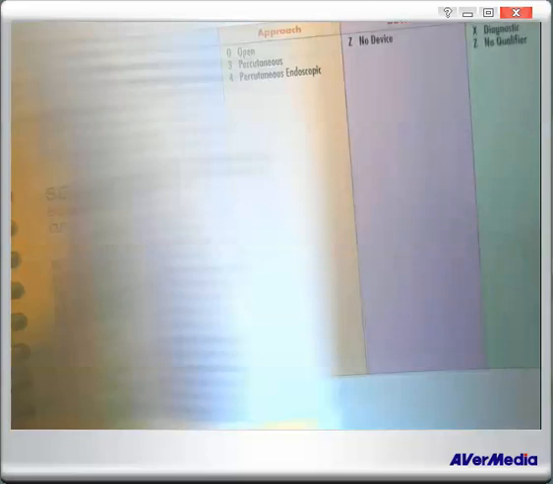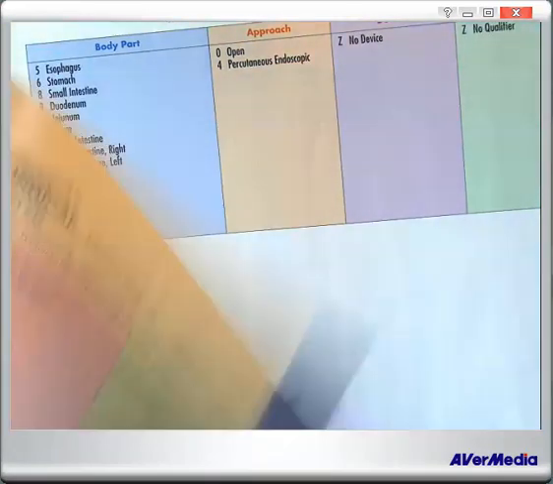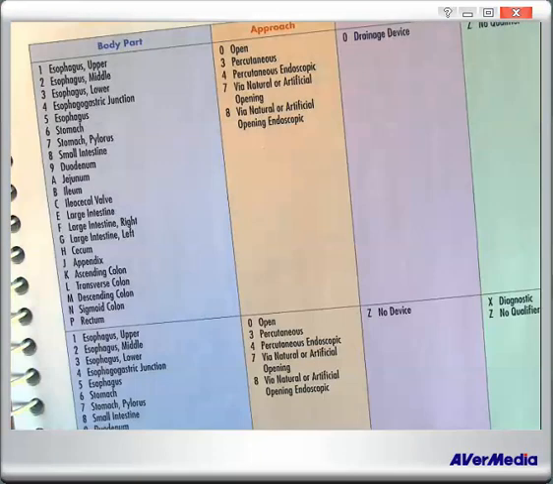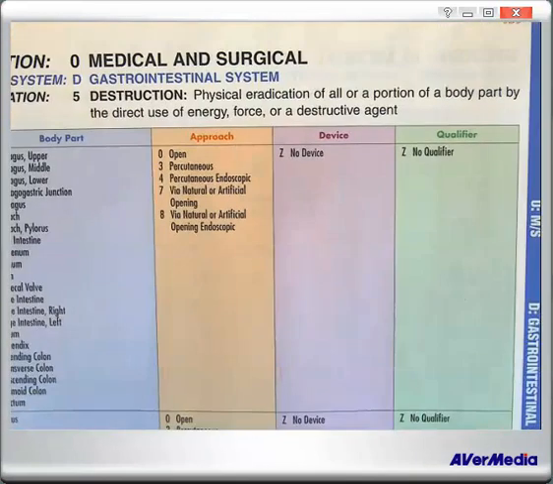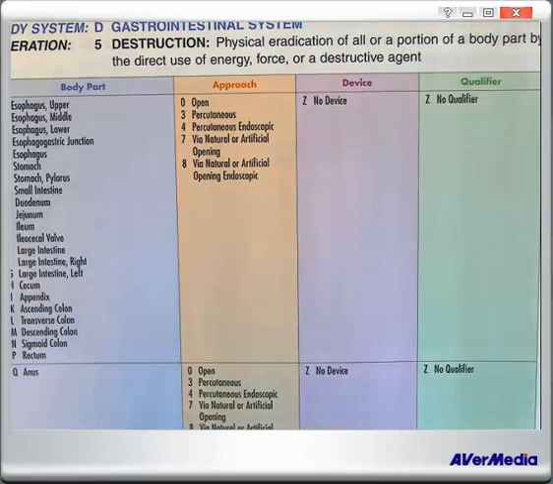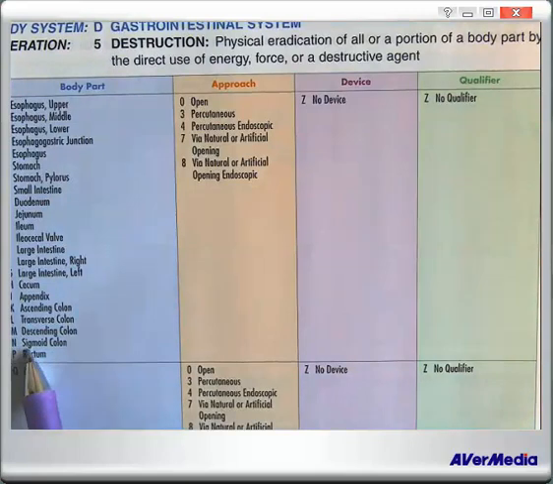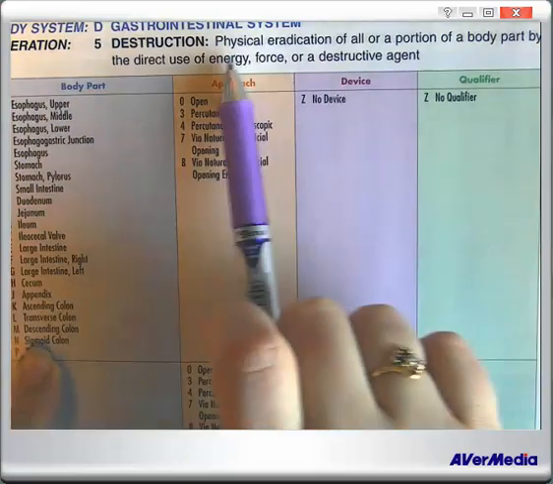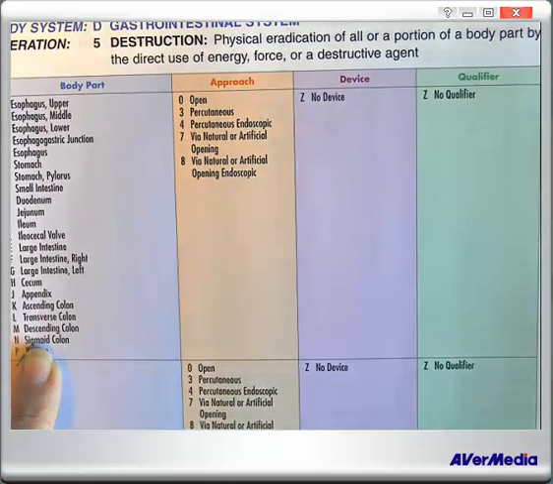0D, okay, 0D, and we want the number 5. 0D5, and we want to look for 0D5N, it tells us, sigmoid colon. So we have destruction, sigmoid colon, which is what we did, okay?